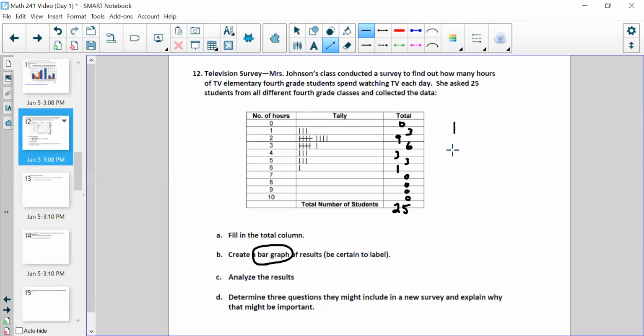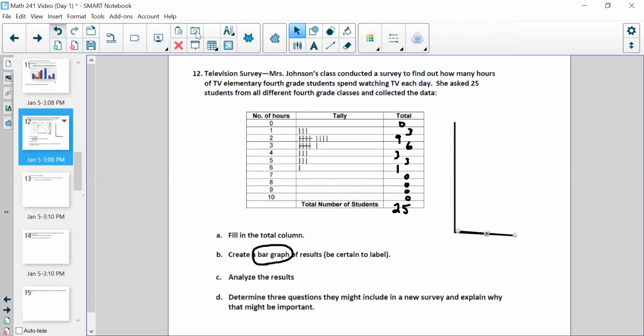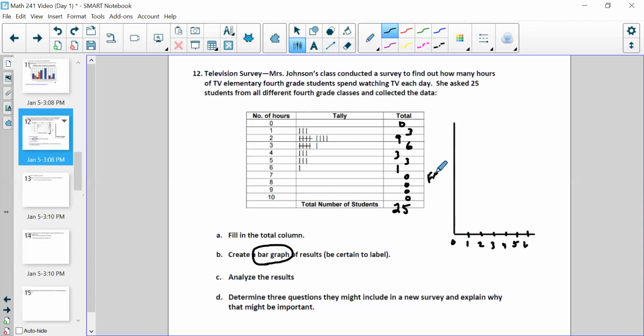So if you were going to create a bar graph, you could look at your sessions. That would go to number of hours to go to 6. So 0, 1, 2, 3, 4, 5, 6. And then here along the Y would be your frequency.